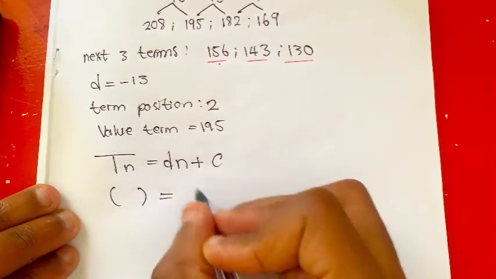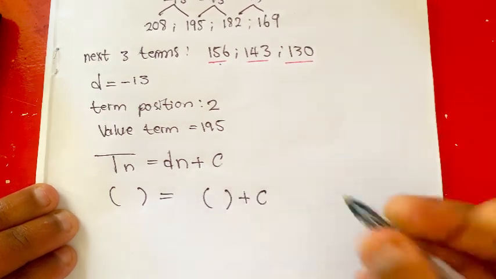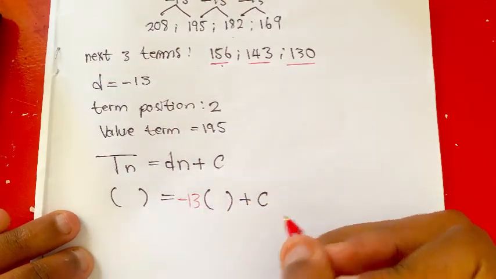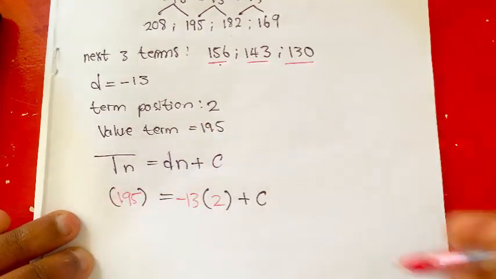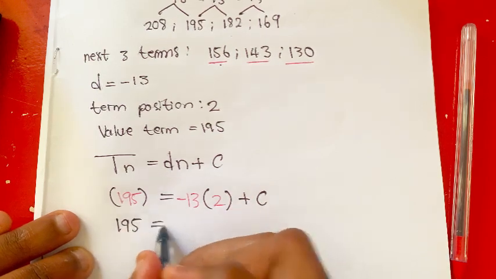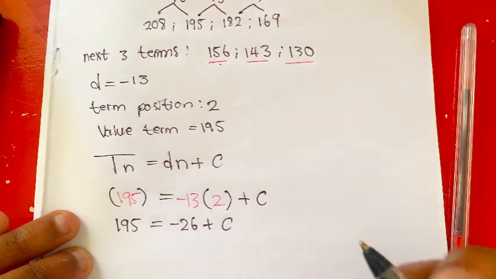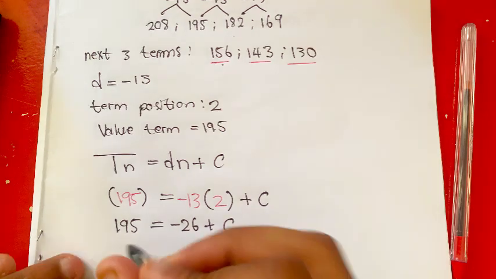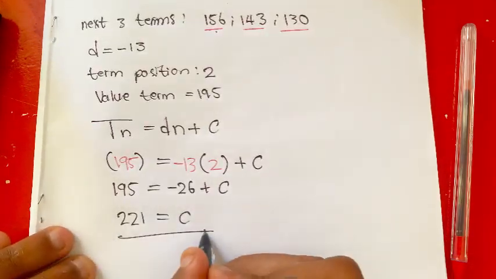We have our difference. We have our n. We don't have c. Our difference is negative 13. Our term position is 2. The value of the second term is 195. Solving this, you have that negative 13 times 2 is negative 26 plus c. The 26 will go to the other side, so 195 plus 26 will give you 221. This is the value of c.